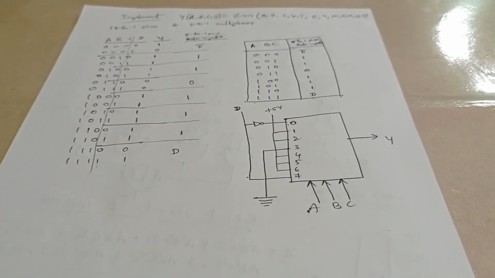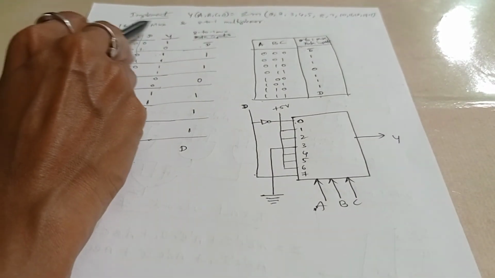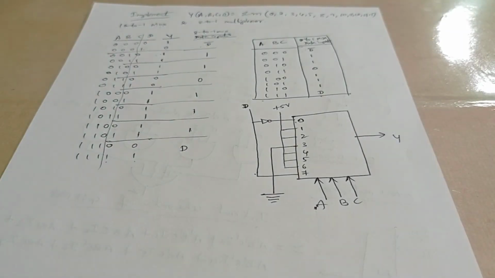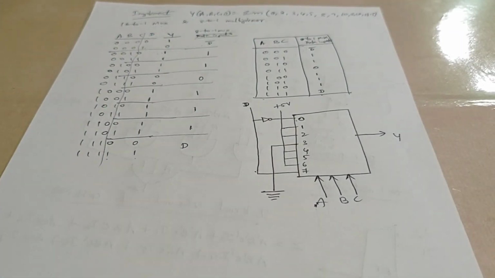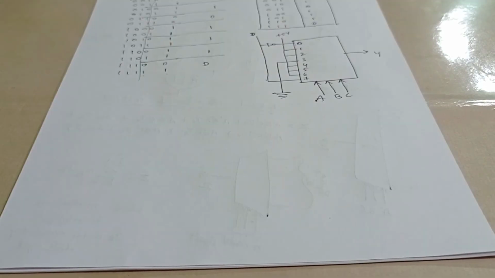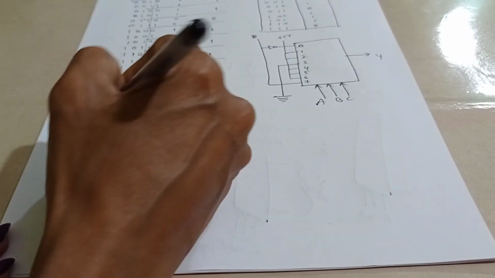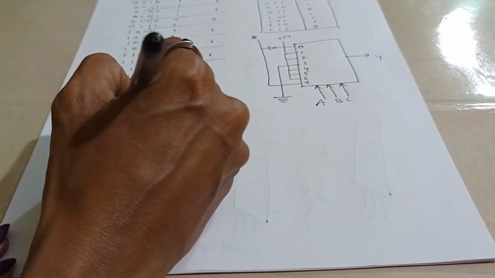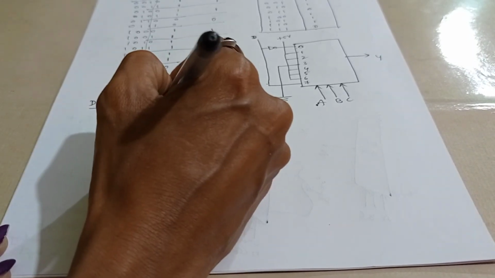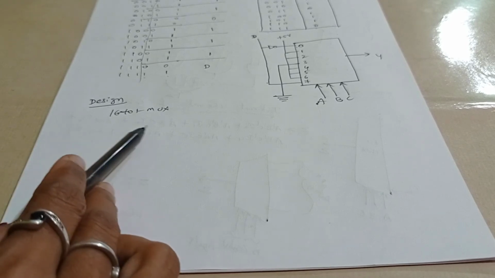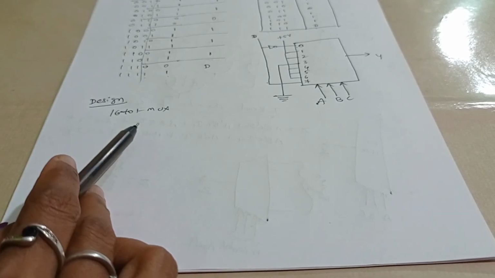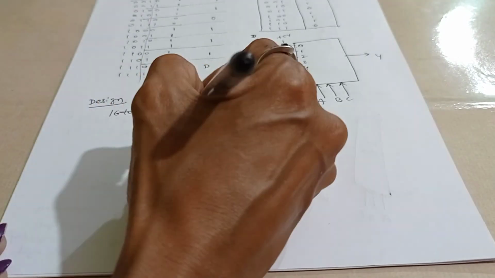This is how to implement the 16:1 multiplexer using an 8:1 multiplexer. In the same way, we can design a 16:1 multiplexer using two 8:1 multiplexers.